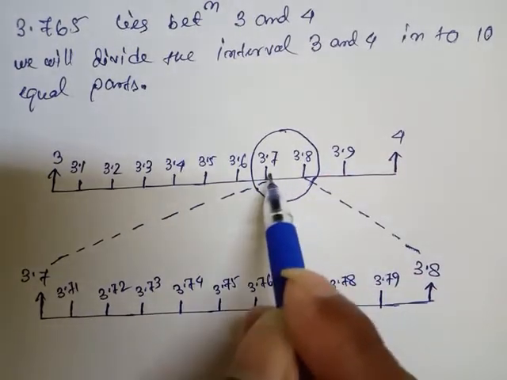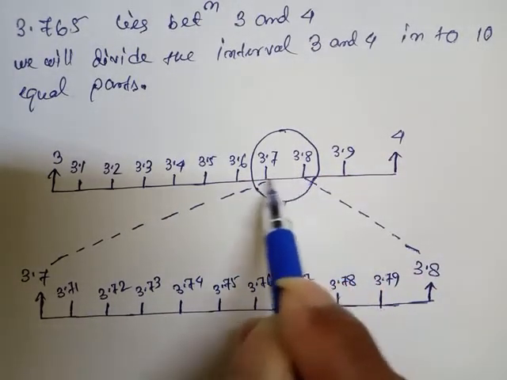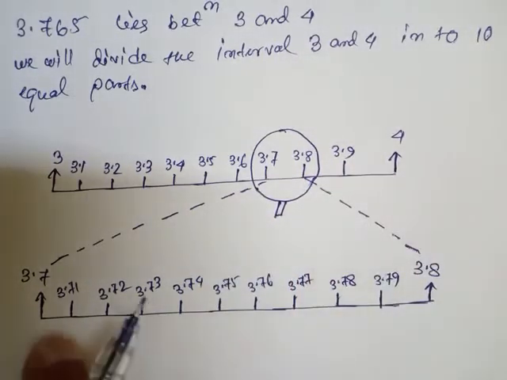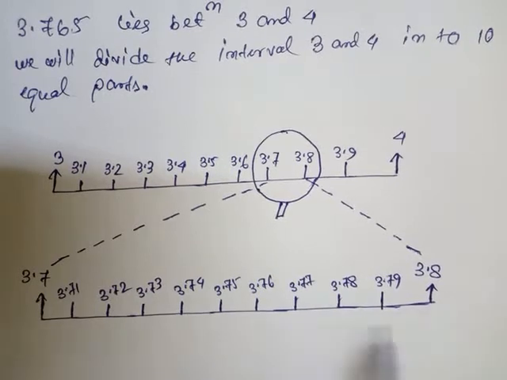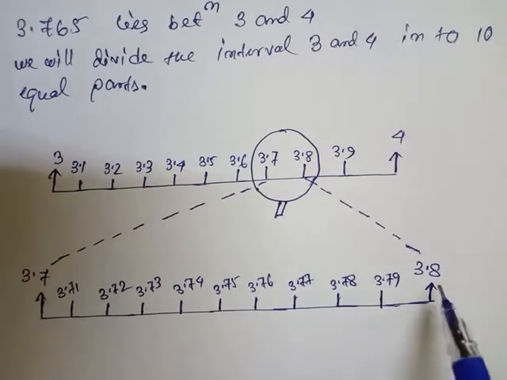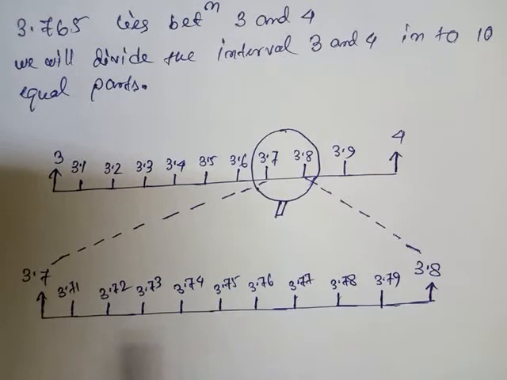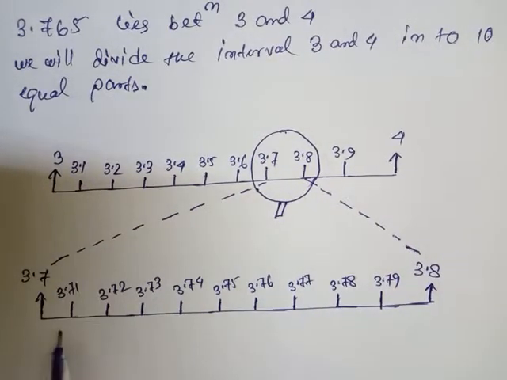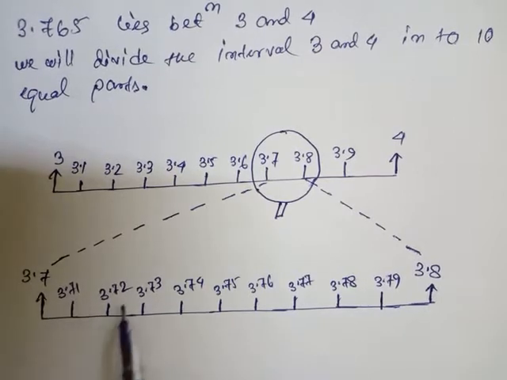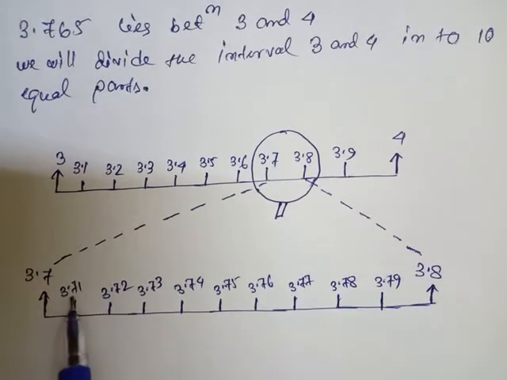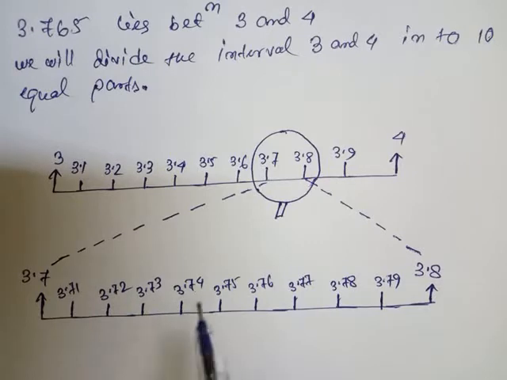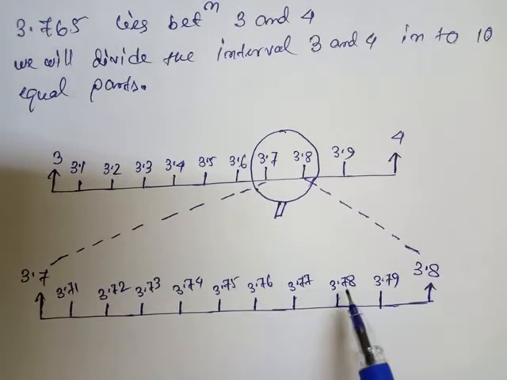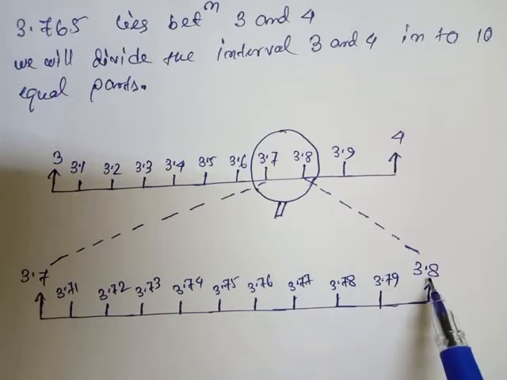In between 3.7 and 3.8 there are 10 equal parts: 3.71, 3.72, 3.73, 3.74, 3.75, 3.76, 3.77, 3.78, 3.79, 3.8.